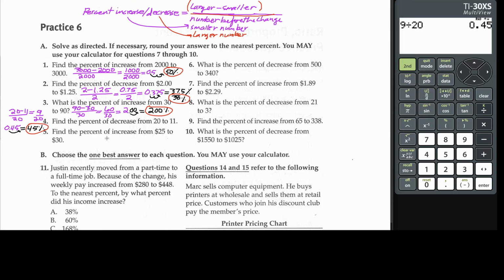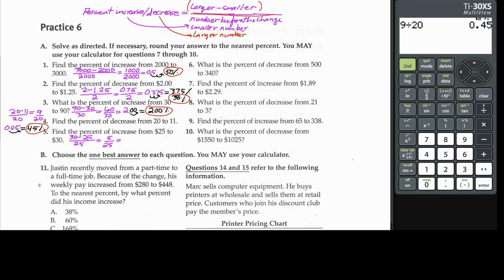Find the percent of increase from $25 to $30. So first thing is take away the big number, subtract the smaller number, over the smaller number because it's an increase. Okay, $30 take away $25, that's $5 over $25.